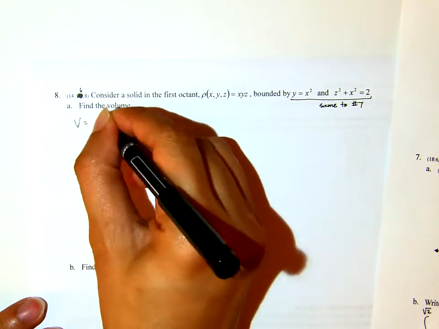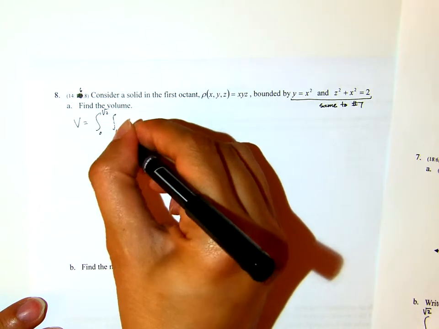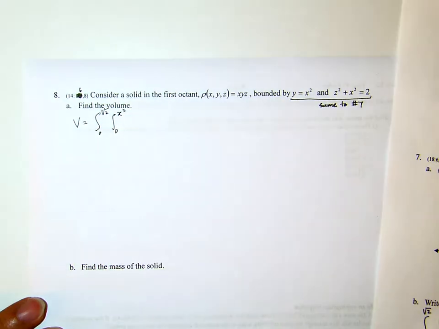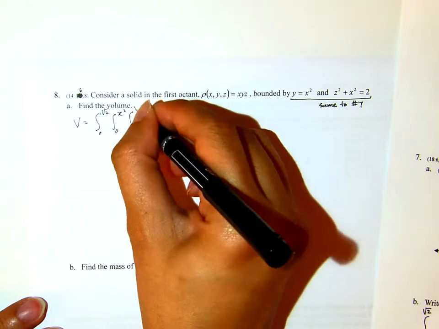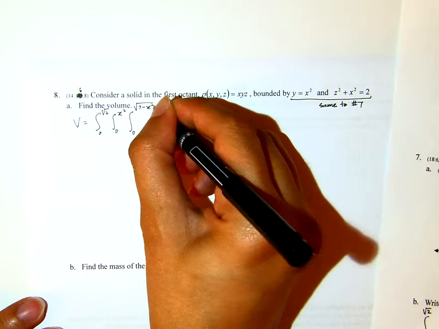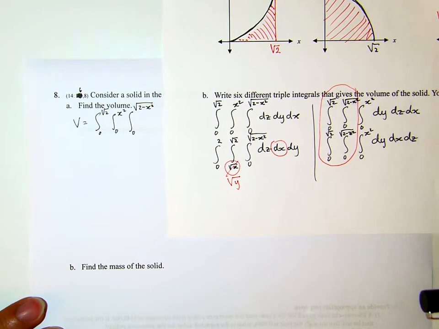The volume equals the integral from 0 to radical 2, 0 to x squared, and 0 to square root of 2 minus x squared. Now if you wonder how I get this one, I get it from here. You can see my solution to number 7 again.